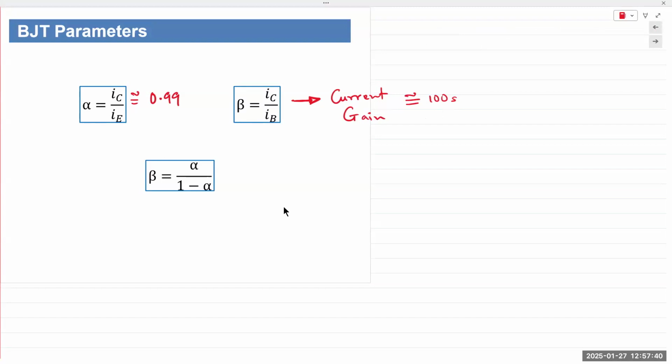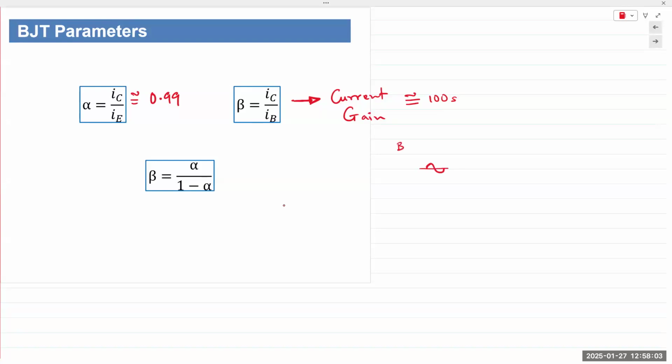So how does it actually work is something that we will look at later on in this chapter. But I'll just give you a brief example. So you have a small voltage applied to the base.